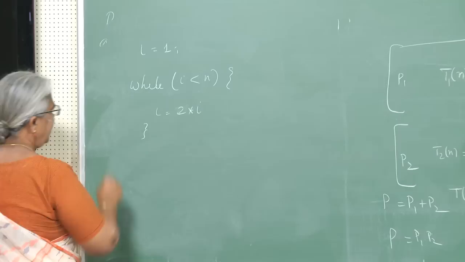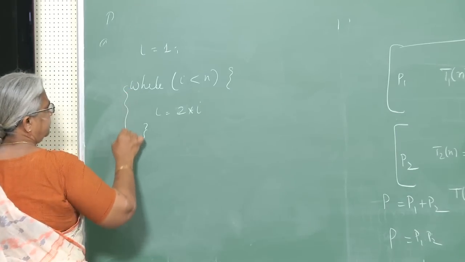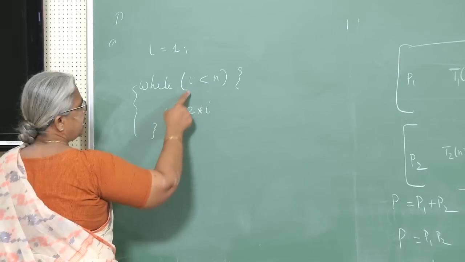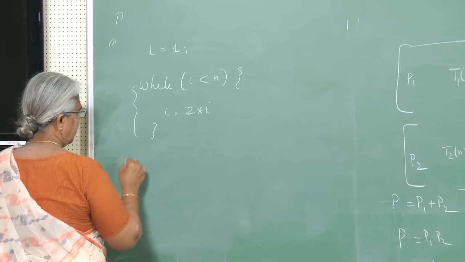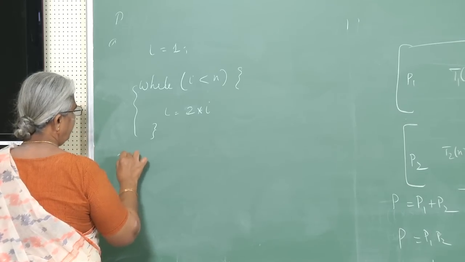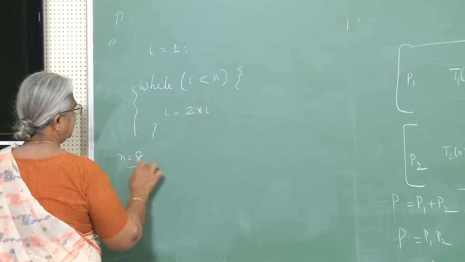Basically, how many times will this execute? Normally students have this habit of saying, when i less than n, they will say n times. That is not correct. For example, let us take n equal to 8.